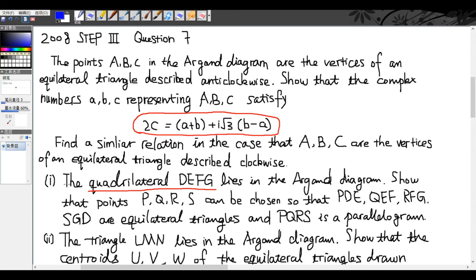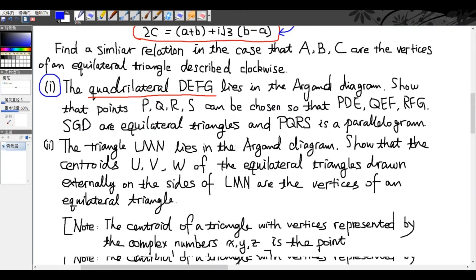For example, in order to get the result of I, we have to use the result that we derived before, which is obviously 2c equals a plus b plus i times the square root of 3 times b minus a.